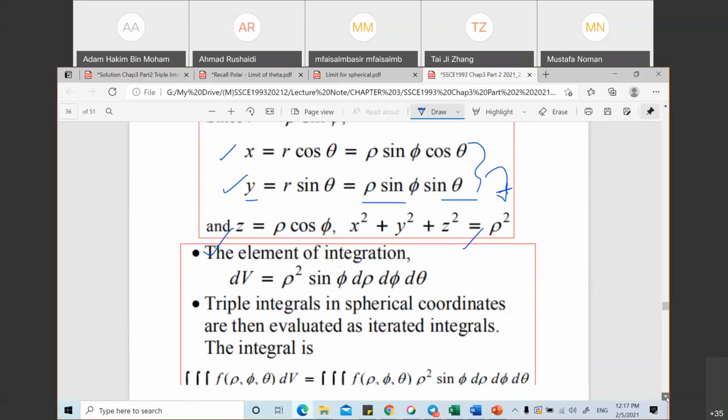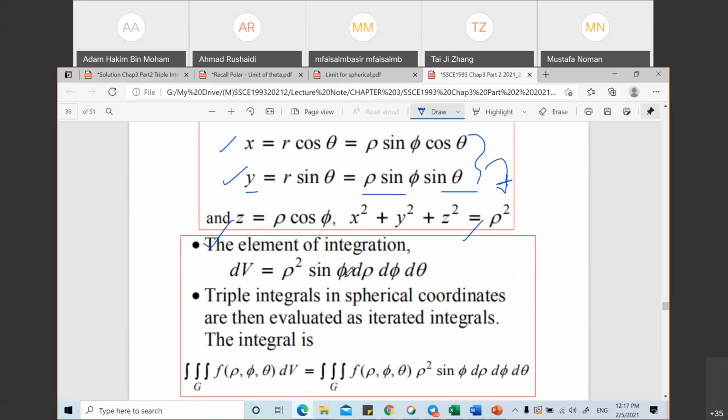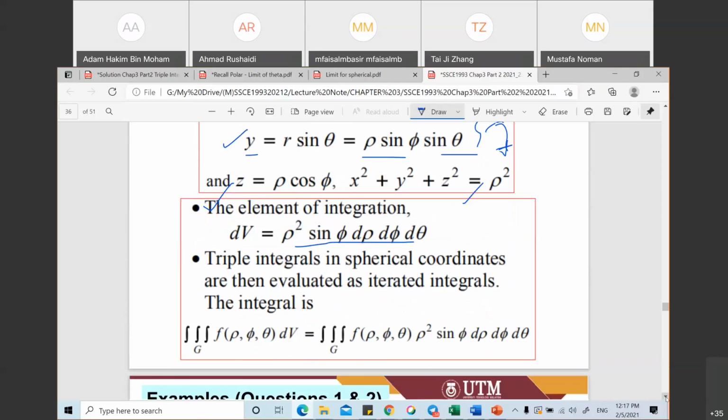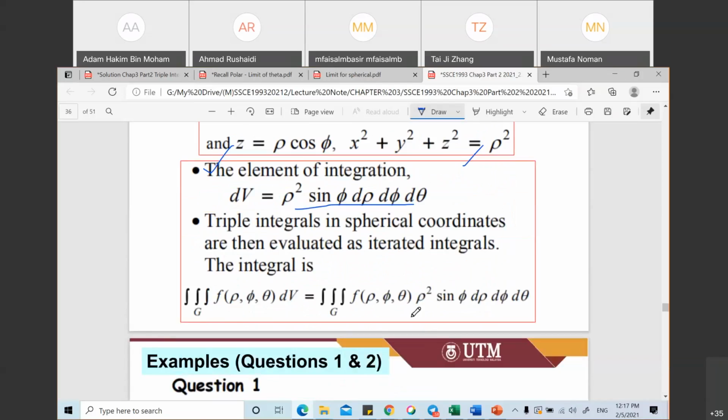Okay. So your dV will be rho squared sine phi d rho d phi d theta. It is long. For cylindrical it is easy: r dz dr d theta. So for spherical it should be like this. For triple integration, if you have something like this, you have to change the dV to this, copy everything, with no interchanging. The order must be followed.